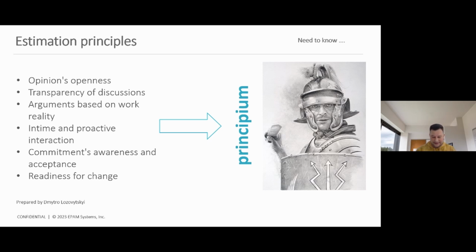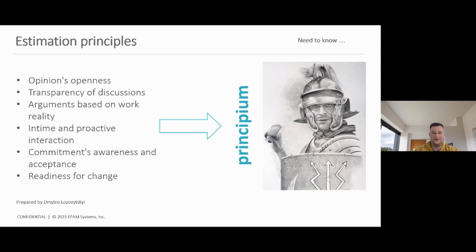And in that discussion, the truth will be born. The truth will be born. So that is why you need to organize transparency of discussion.